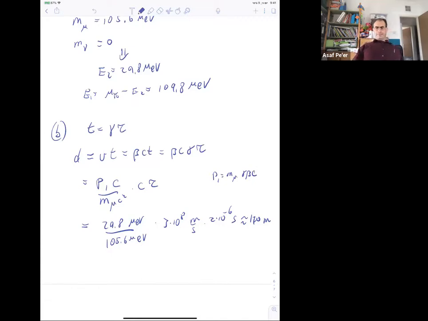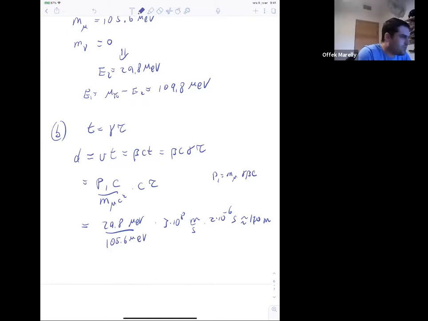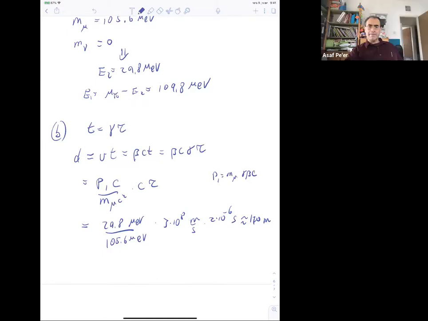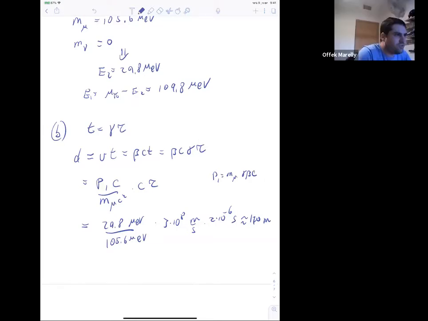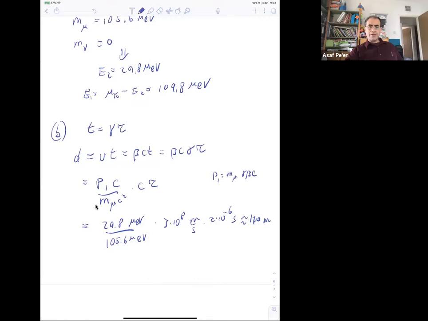Is that clear? I think you have an extra C. Where? What did I miss? C squared divided by C squared. So why is there another C when you plugged in everything? Yeah, but when you take the mass in units of electron volts and the momentum in units of electron volts, the C is already built in.